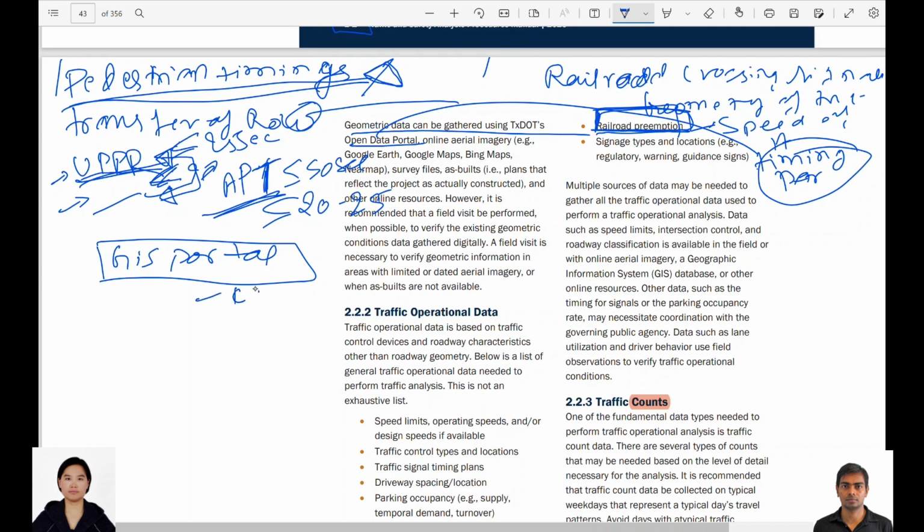We can download the entire databases. Some frequently downloaded data are roadway inventory, which gives the attributes related to the roadways within the state of Texas.